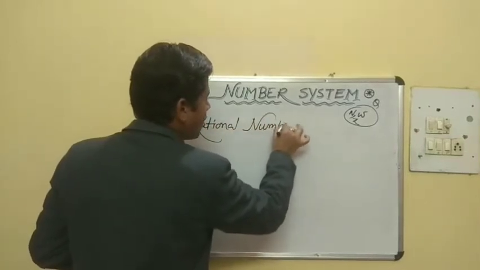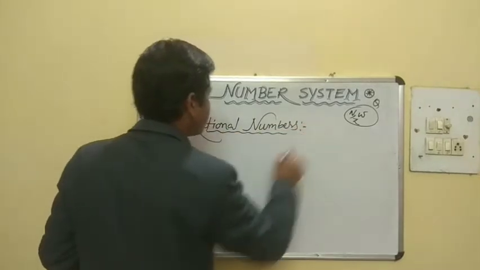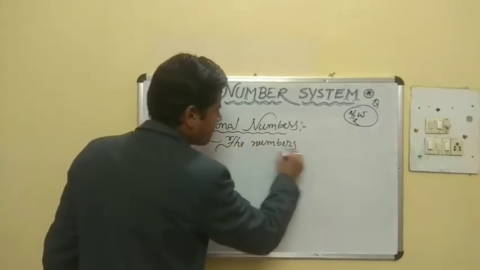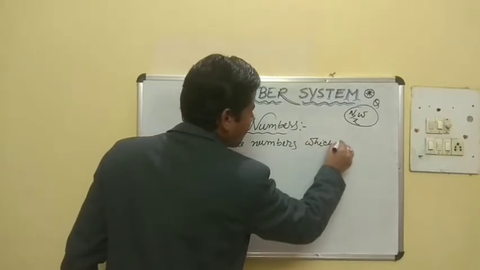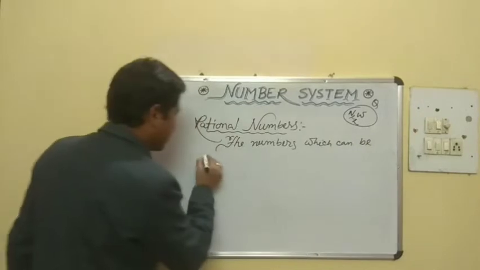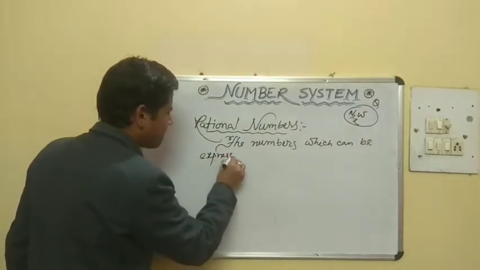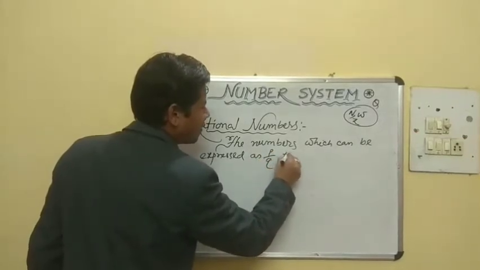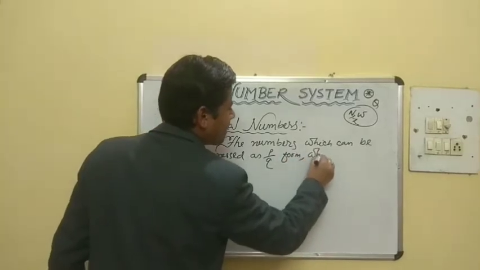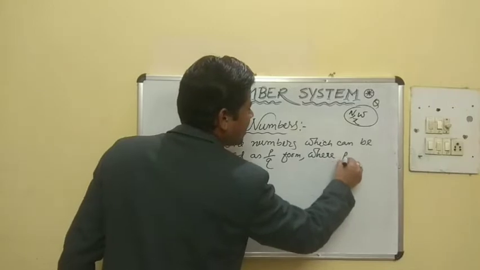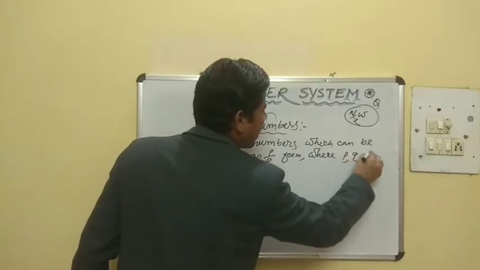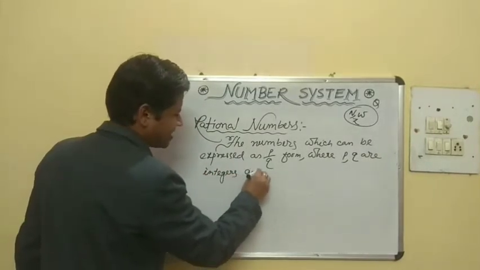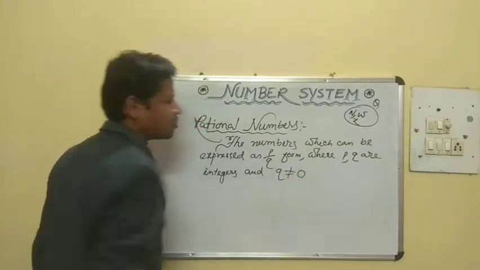Rational numbers are the numbers which can be expressed in P by Q form, where P and Q are integers and Q not equal to 0.